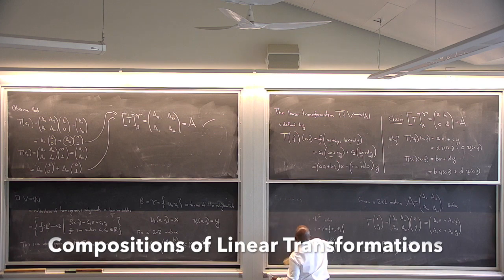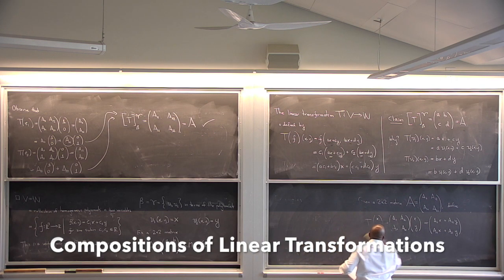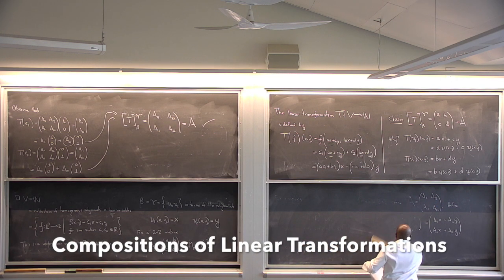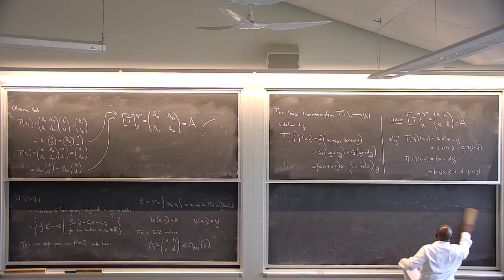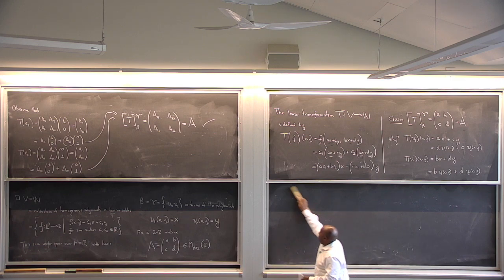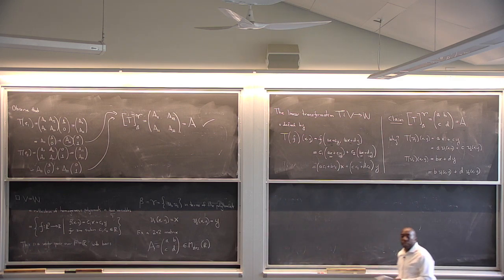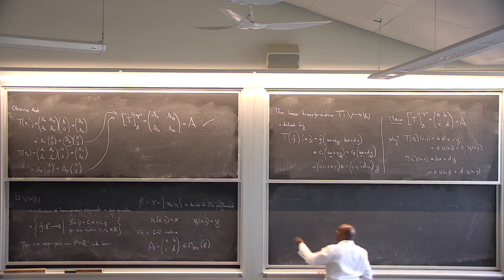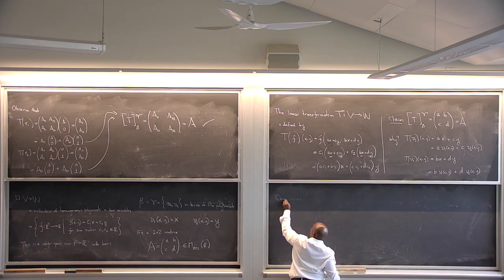Now, from here, there's fortunately a lot we can do with matrices. So we want to see how that's related to an operation on these linear transformations. So for the moment, let me talk about composition.